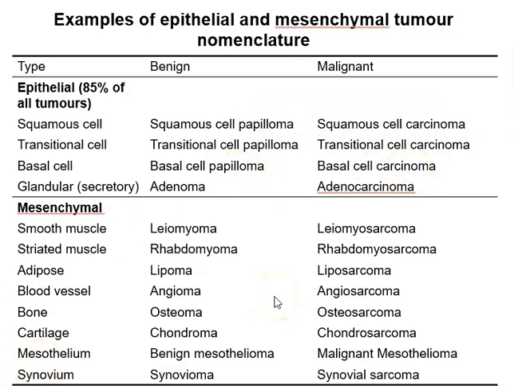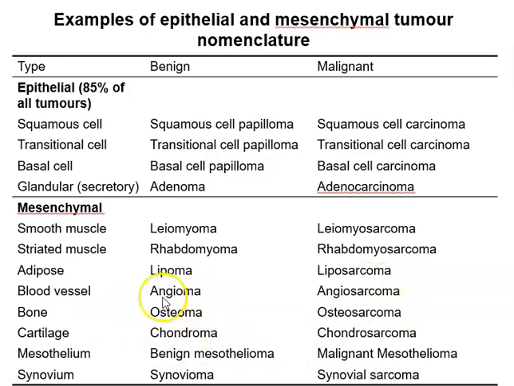For mesenchymal tissues, well, you need to know the prefix and the suffix. So the prefix, adipose tissue, we'll call it a lipoma. And if it's benign, it ends in oma. If it's malignant, it ends in sarcoma. So liposarcoma is malignant, lipoma is benign, angioma, angiosarcoma, osteoma, osteosarcoma.